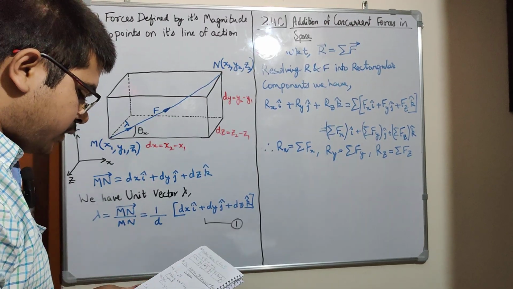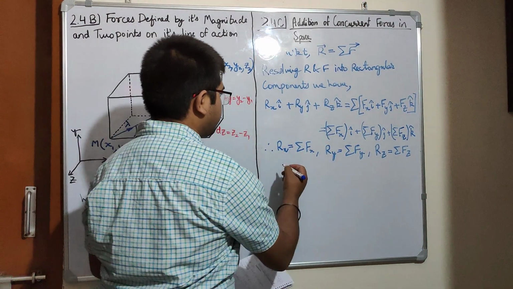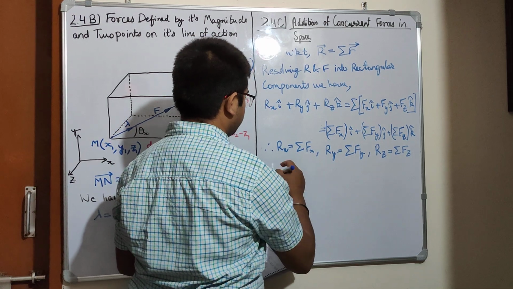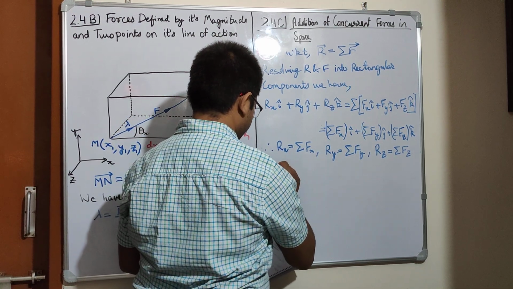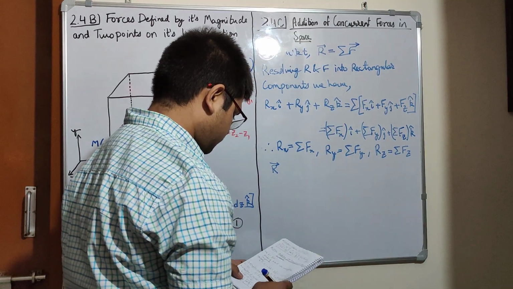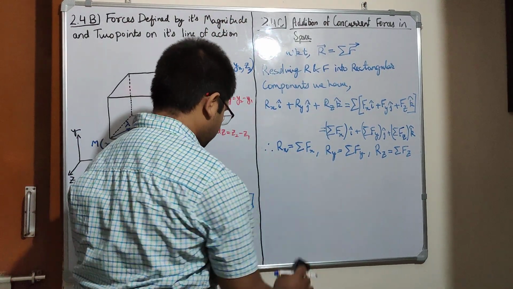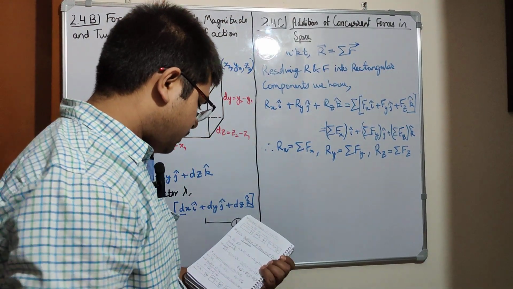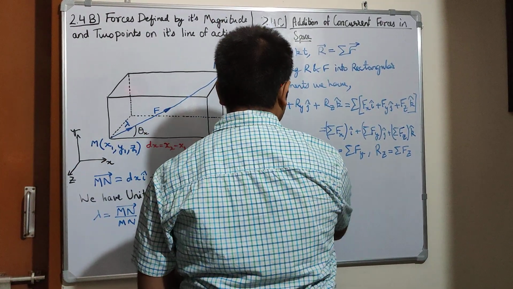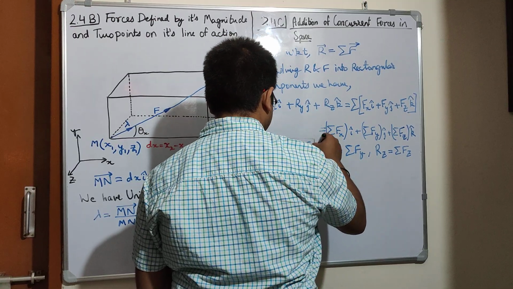And the resultant of concurrent forces in space, what would be the R? R vector is the resultant of concurrent forces in space. So these are our three relations.